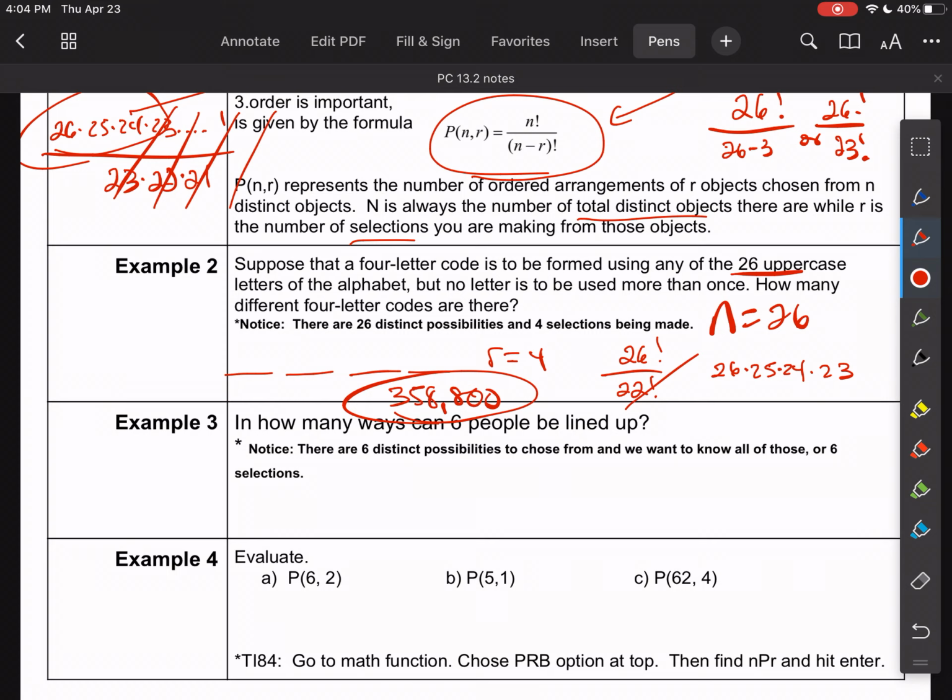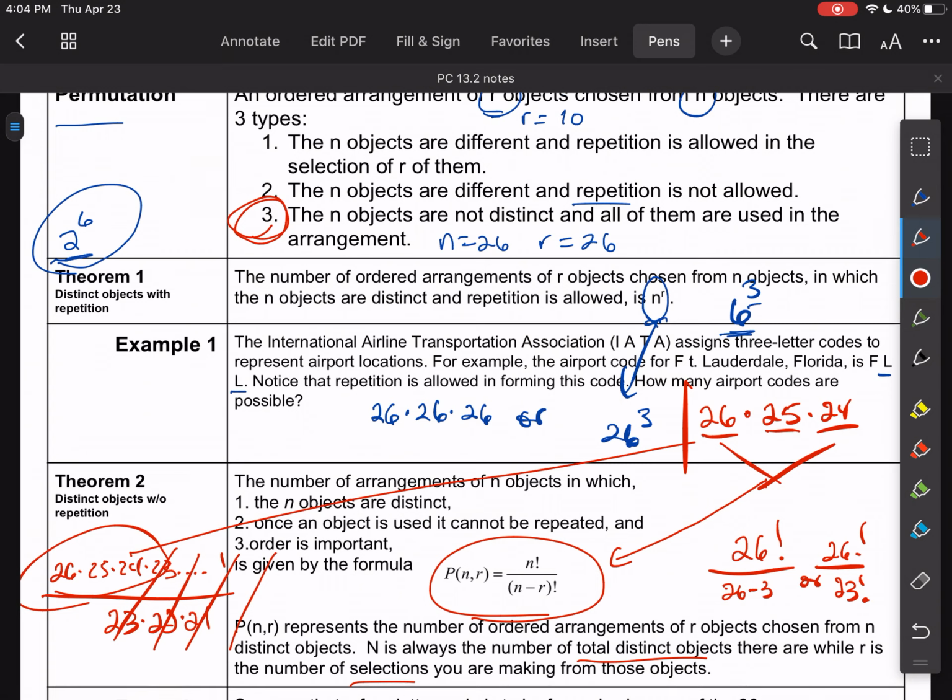All right, so example 3. It says, in how many ways can 6 people be lined up? Example 3 deals with the third type of permutation where we use everything in the arrangement.